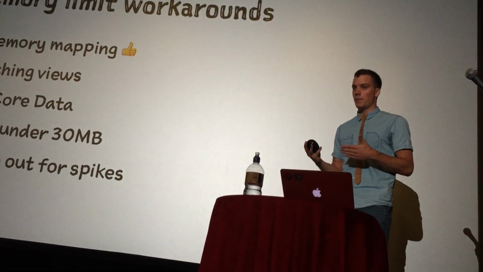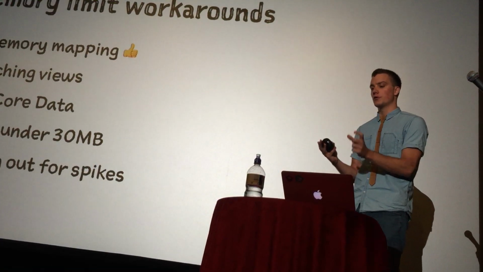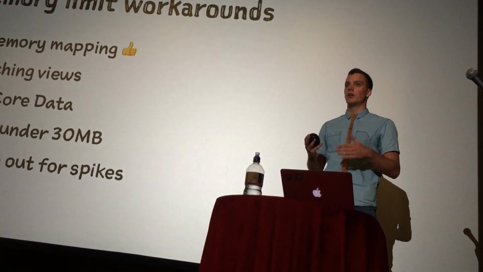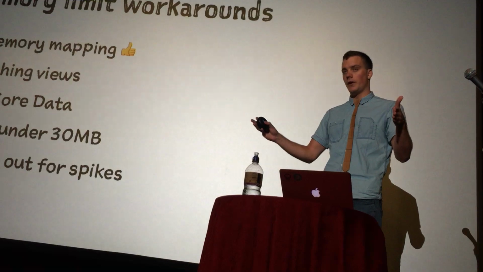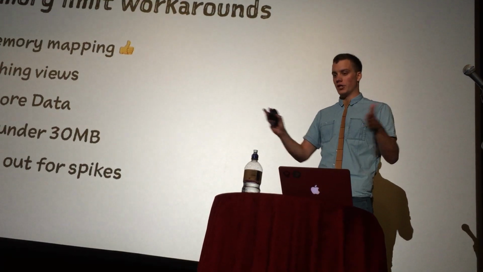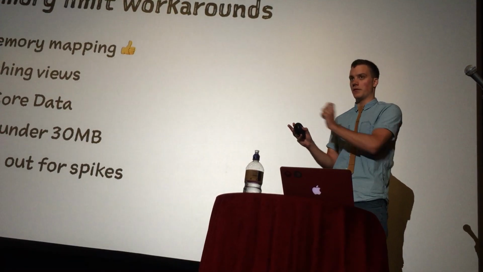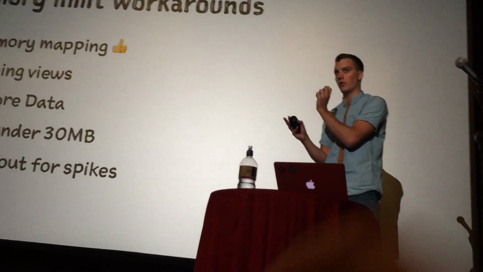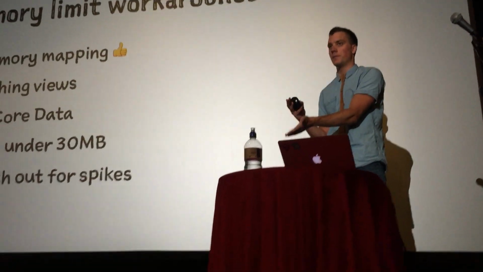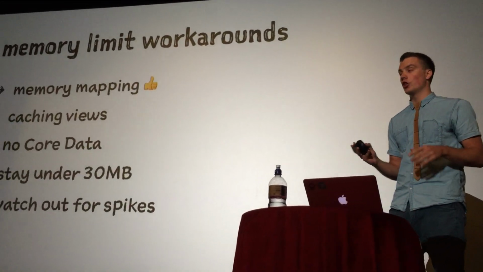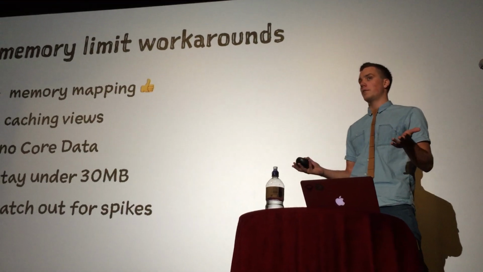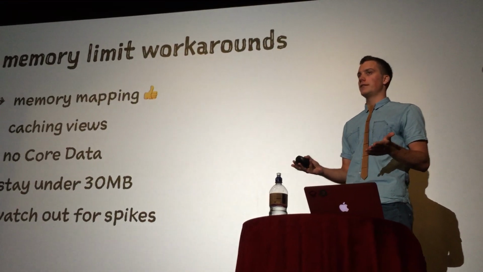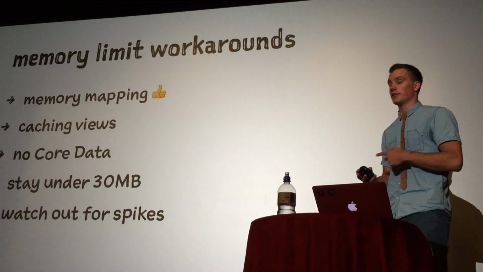What it does is basically it lazily loads those pages of memory on demand. So you have a file that's 20 megabytes, and that's nicely linear memory, and then someone accesses in the middle of it, only the little piece gets loaded, and then it gets paged back down. So even though it looks like you have a 20 megabyte file in memory, actually it's not all loaded. That means that your process doesn't get killed.